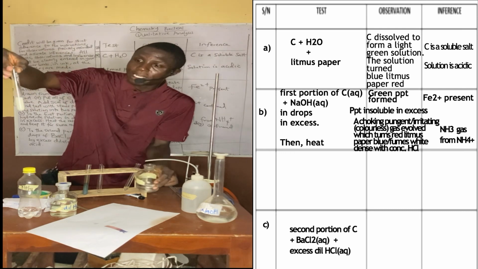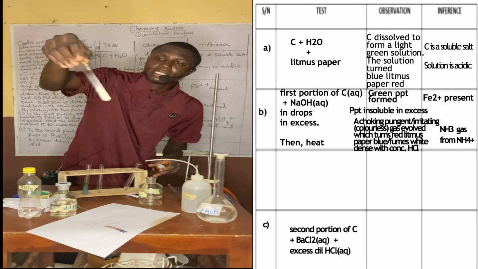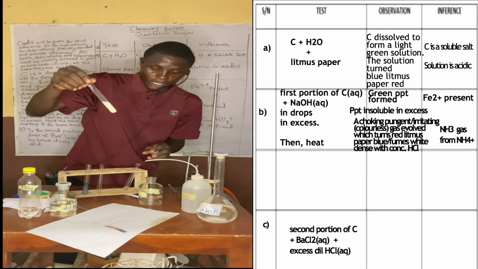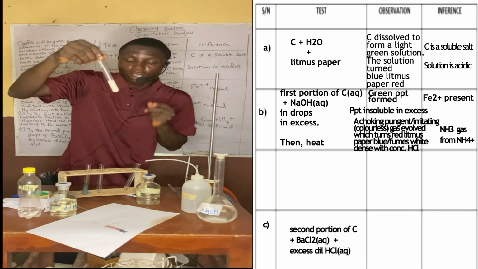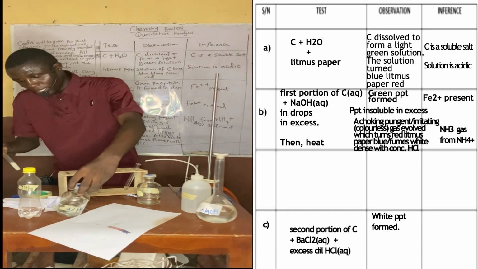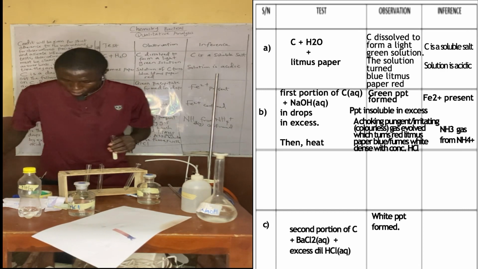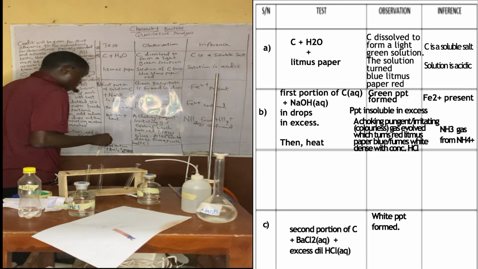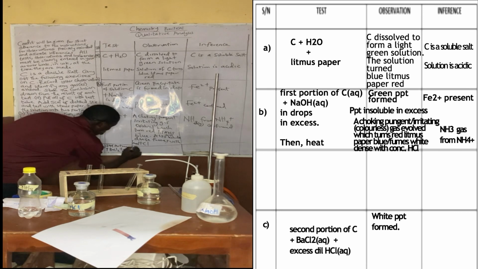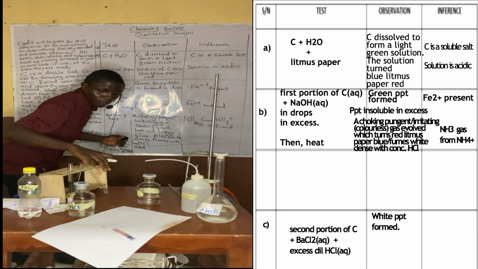A white precipitate is formed. You can see a white precipitate formed. What I obtained from adding barium chloride, we have a white precipitate.